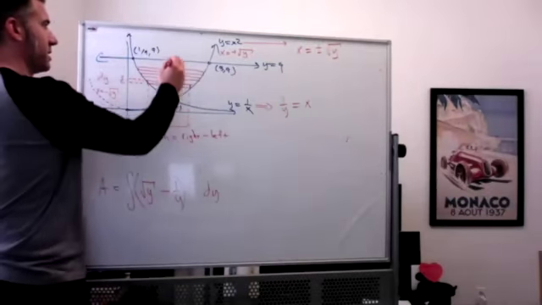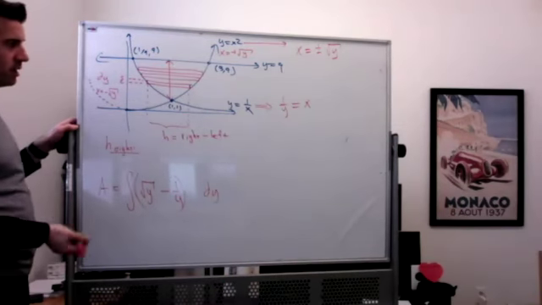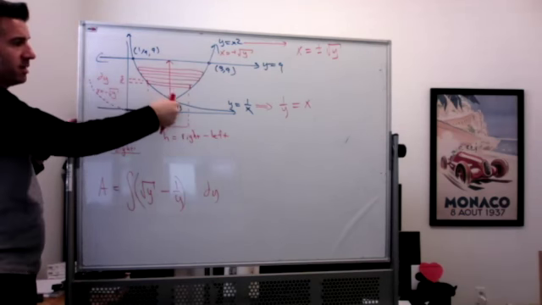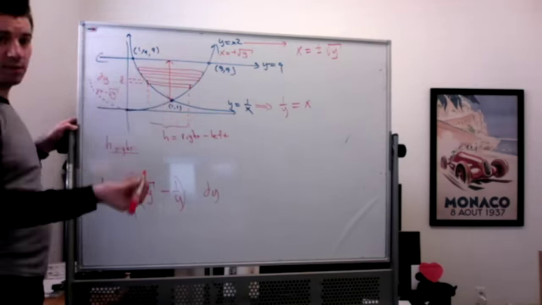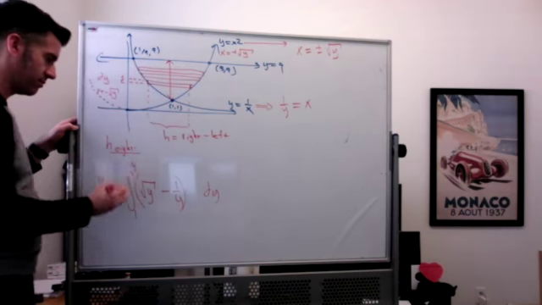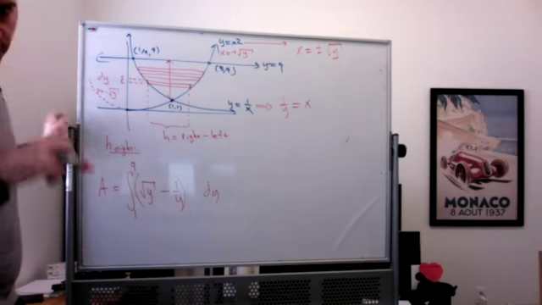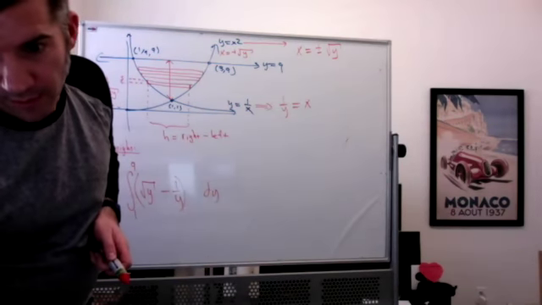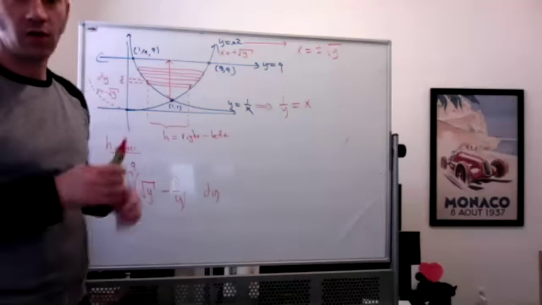On this side, these horizontal strips, they can slide up and down. How low can they slide? Down to a y value of 1. How high can they slide? Up to a y value of 9. Questions about this?